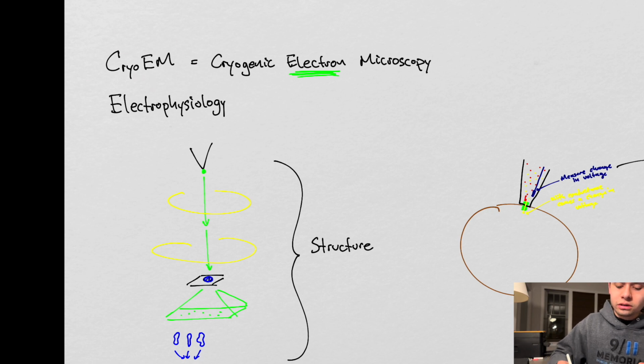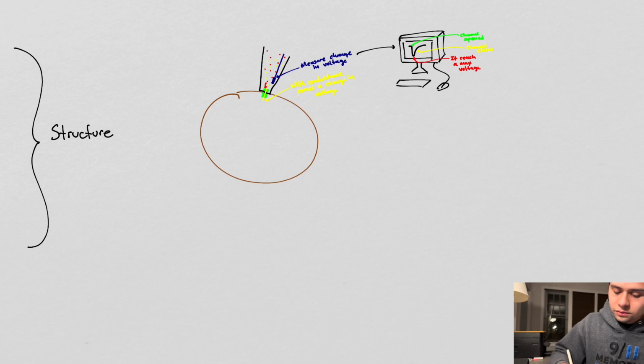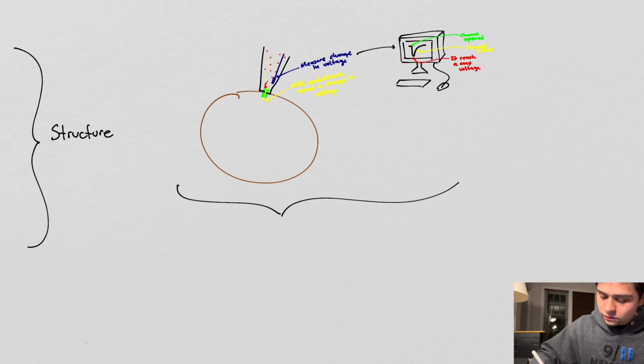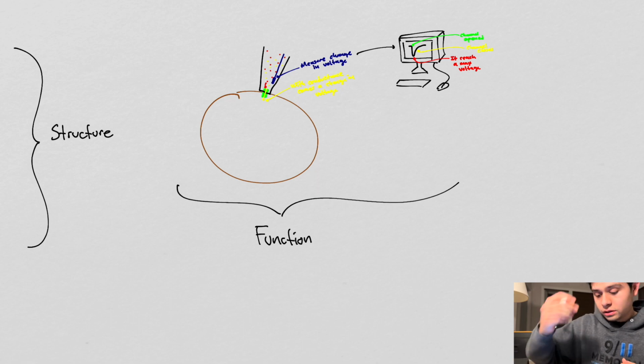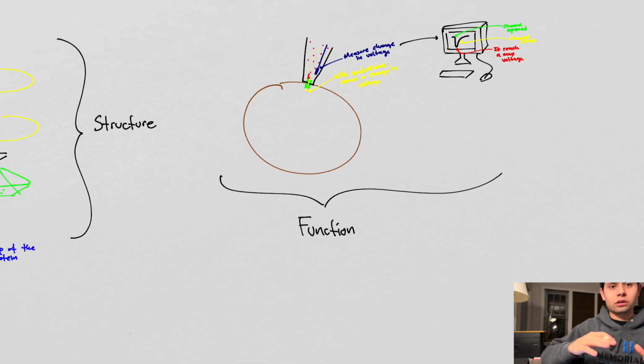I briefly mentioned cryo-EM. This addresses the structure question: what do these proteins look like? And electrophysiology addresses the function question. Because there's this mantra in structural biology that with structure comes function. You look at a desk, for example, a table, and you can automatically infer what its function might be.